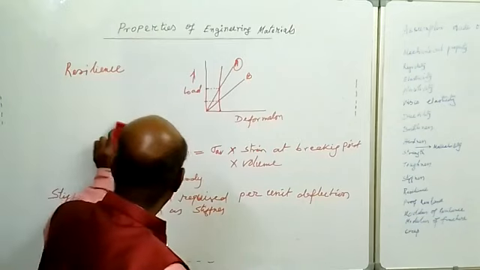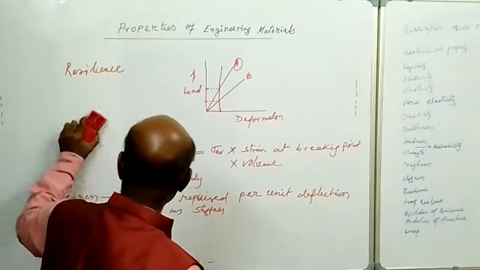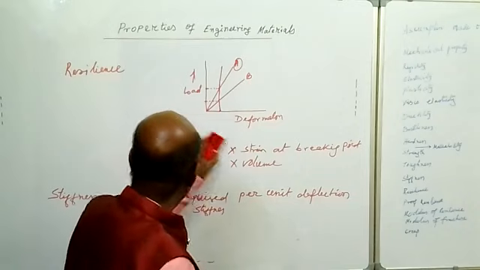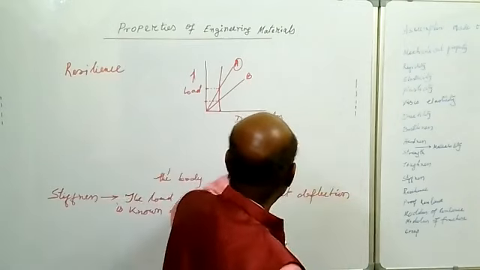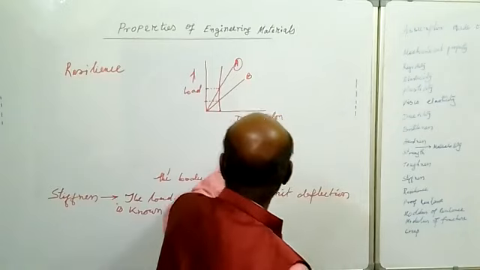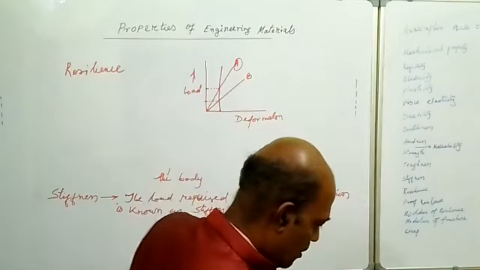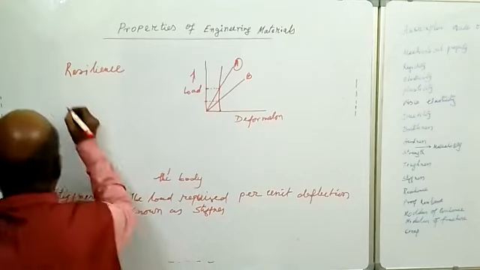What is resilience? It is the energy absorbing capacity of a body. So the energy absorbed by a body within elastic limit is called the resilience of a body.